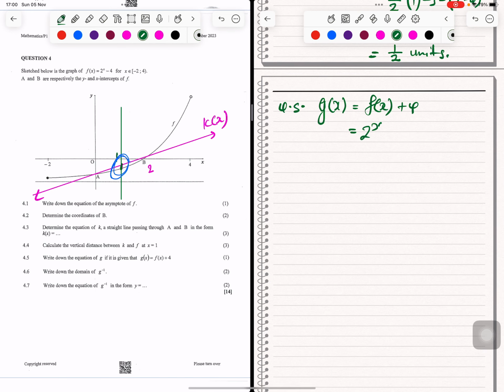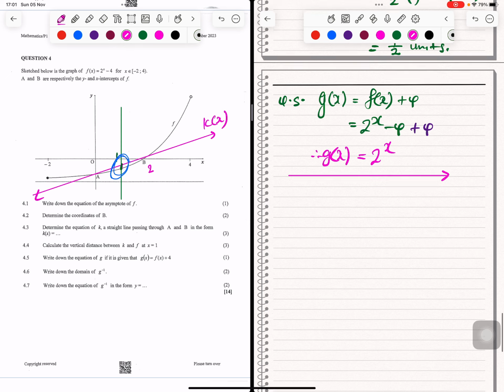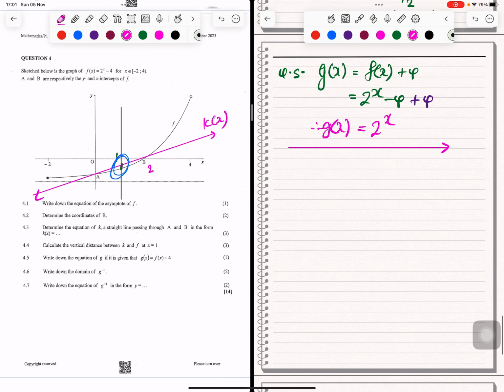So this is 2 to the power x plus 4, minus 4. This is f. Now from f, I need to add 4. So now you'll see that the equation of g is going to be this minus 4 and 4 are going to undo each other. So you're basically going to have 2 to the power x. Okay, that is 2 to the power x right there. That is the equation of g.